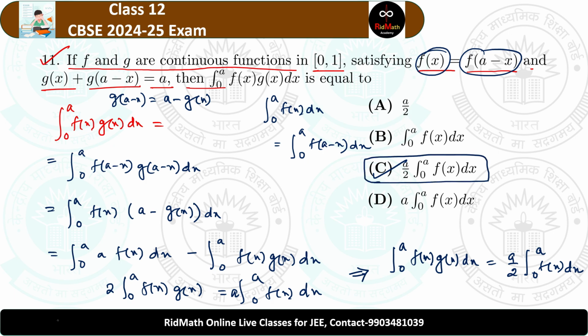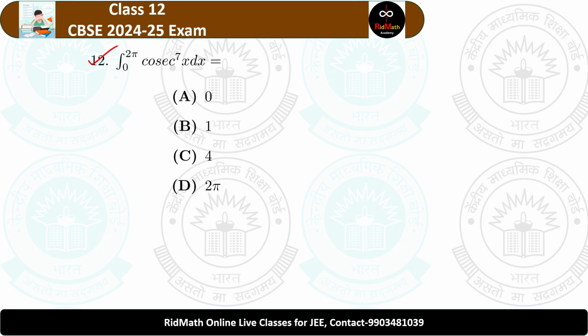Okay, next problem. Problem number 12, integration 0 to 2 pi cosec to the power 7x dx. So again we will use integral 0 to a f(x) dx is equal to integral 0 to a f of (a minus x) dx.